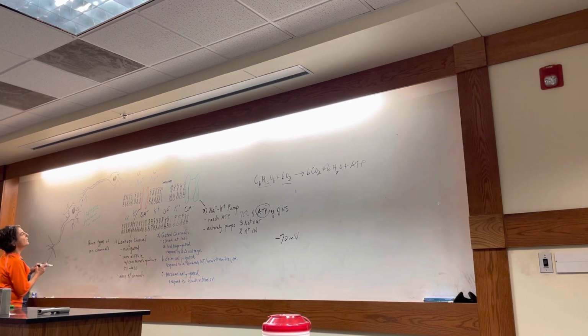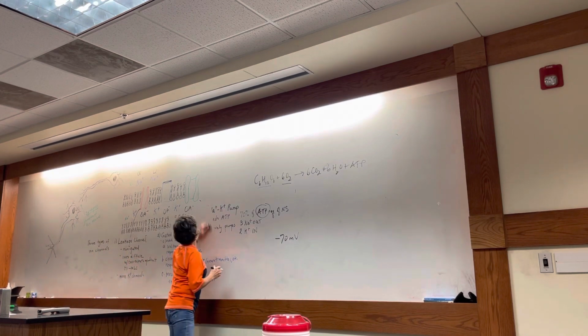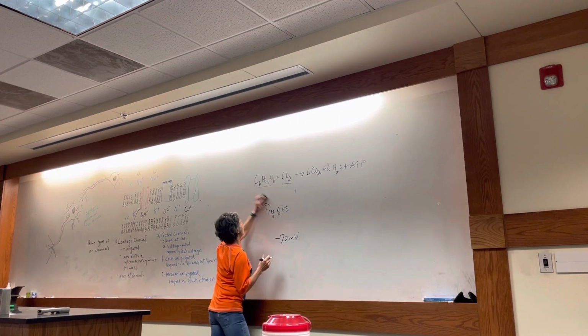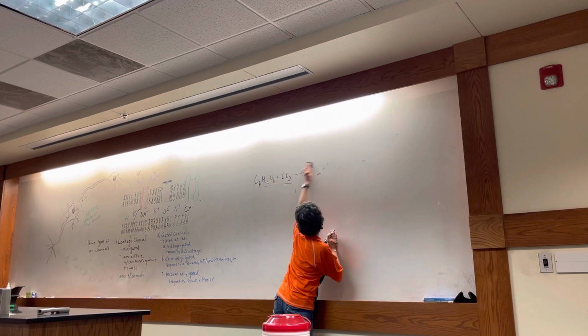So we sketched those 3 channels and defined them. Let's return to an action potential. How do you get an action potential? And what's an action potential? An impulse. Let me draw that graph that I drew last time.